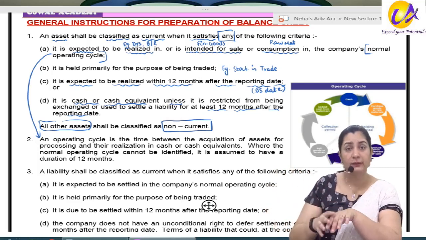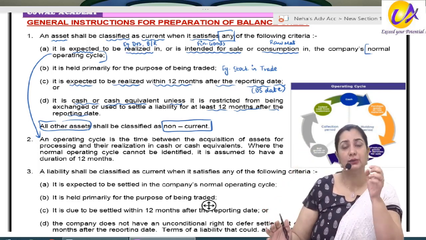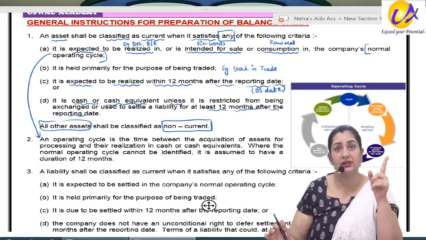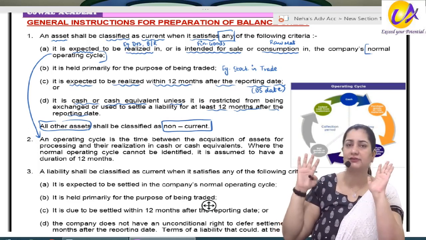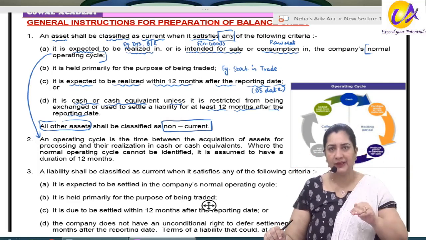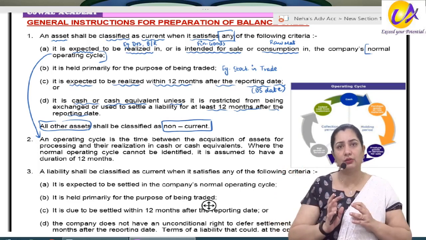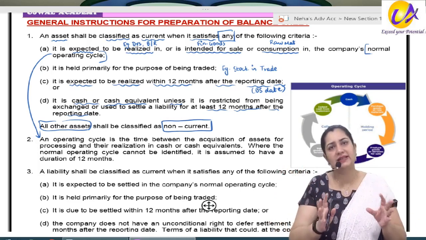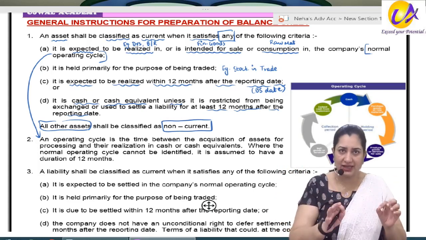I cannot. For 7 years that amount will lie in that account, because I cannot pay it and have to wait 7 years. After 7 years, if nobody claims, it will be transferred to the Investor Education Protection Fund of the government. So the bank balance is there, but I cannot use it. It's a separate bank account, so it is restricted from use. So in that case, what will I be doing? I will be showing this as cash and cash equivalent.